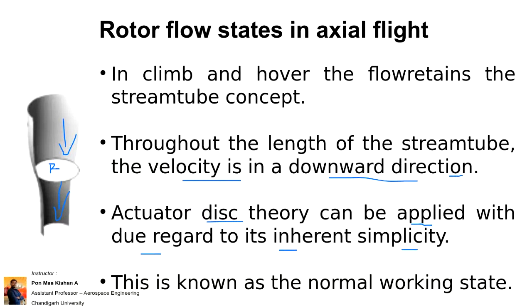Apart from that, we have various types of states. Depending upon the rotor movement and the velocity direction, the states are defined. So the state defined with respect to climb and hover is the normal working state. Let's get into the next slide.